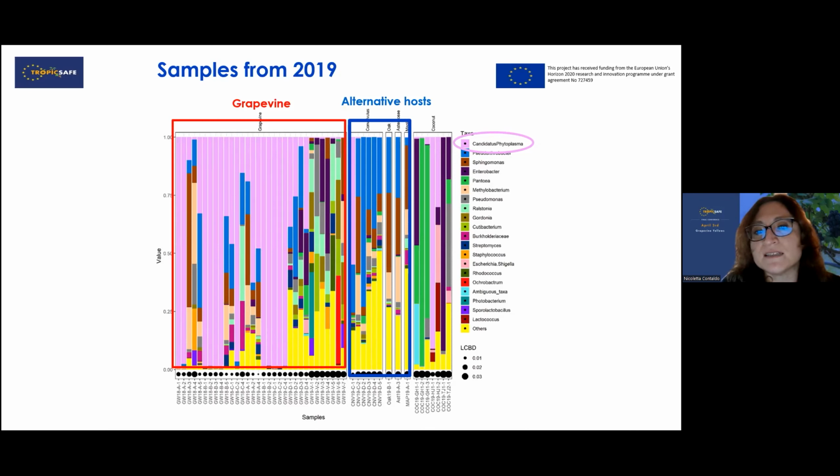And about the alternative host, only one sample of bindweed was really affected by phytoplasmas. In all the rest, the phytoplasmas were almost undetectable or at very low percentage.